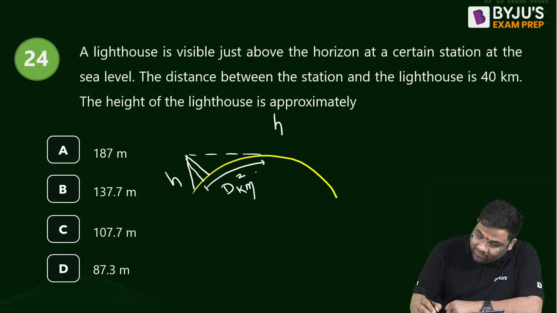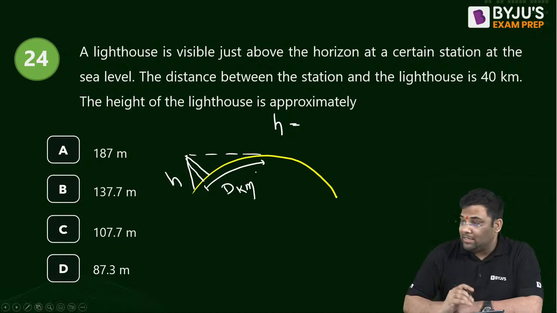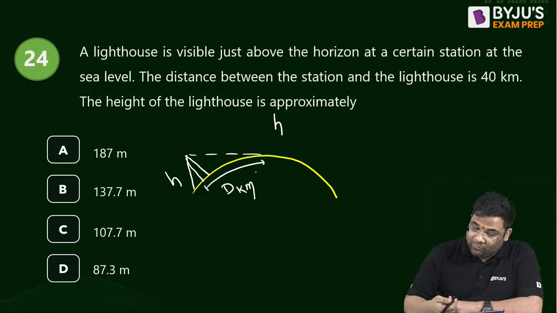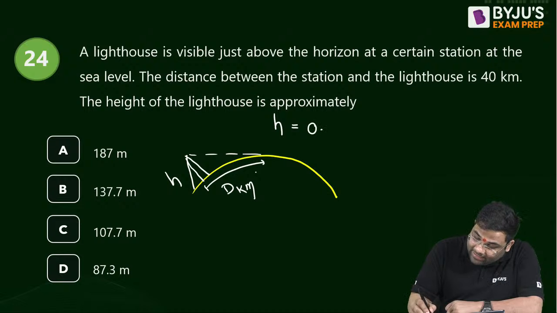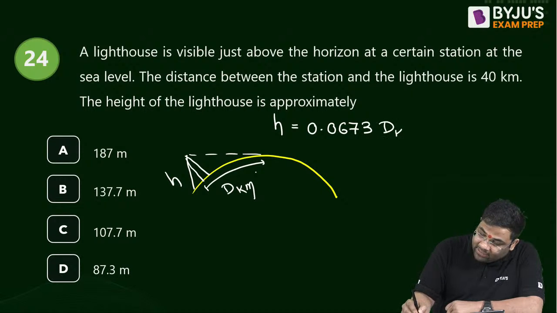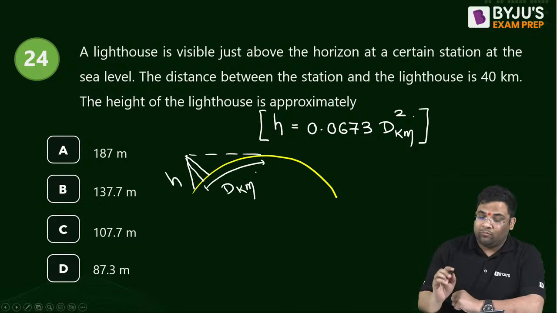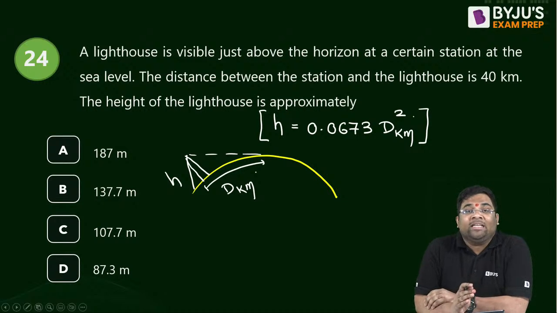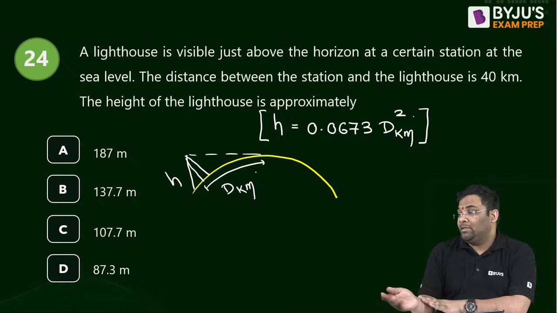This height becomes equal to the same correction which we apply for both refraction and curvature. Why? Because when you are seeing, both the curvature and refraction effect will come here, and therefore this h will be equal to this, right?